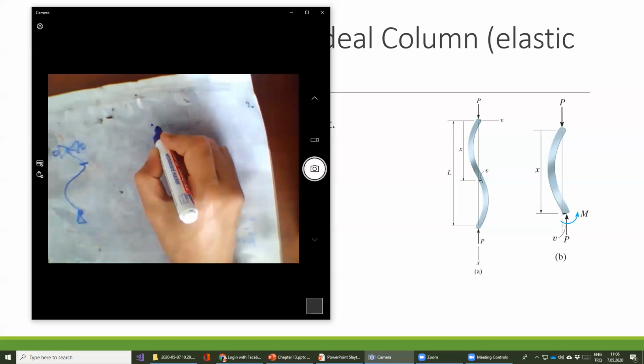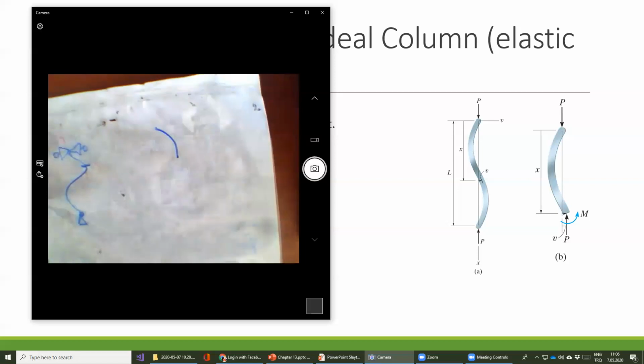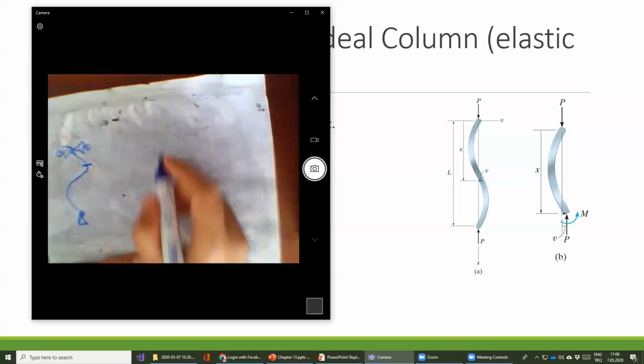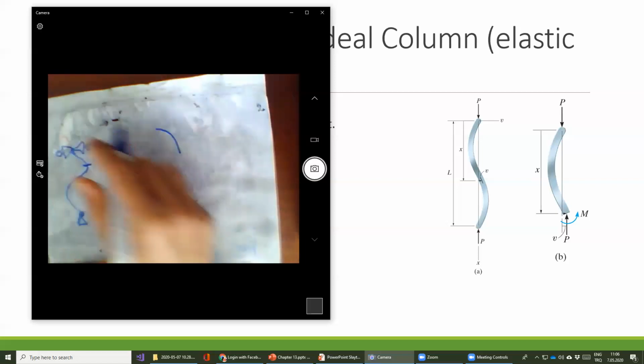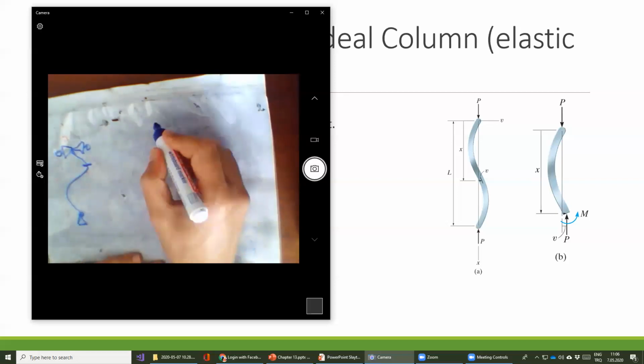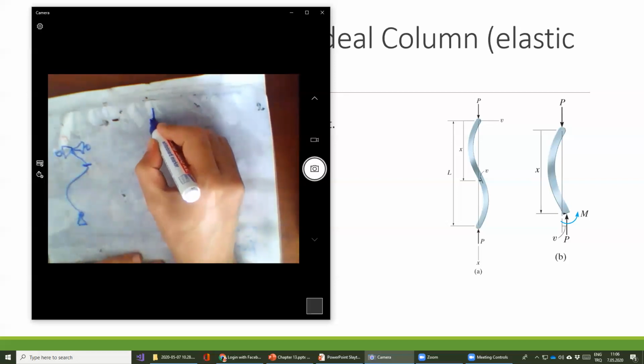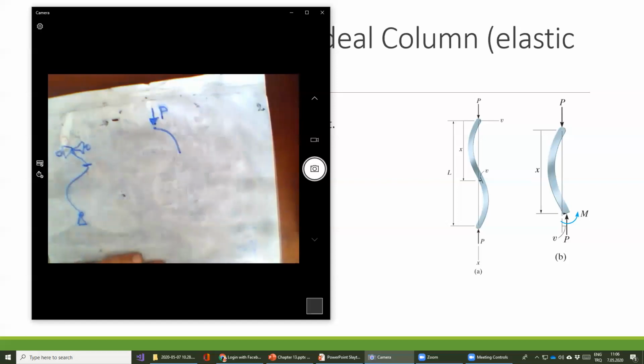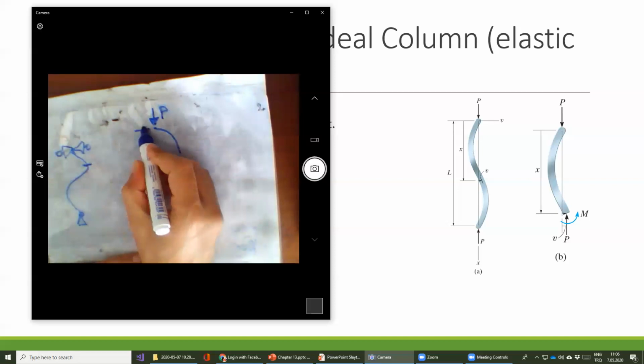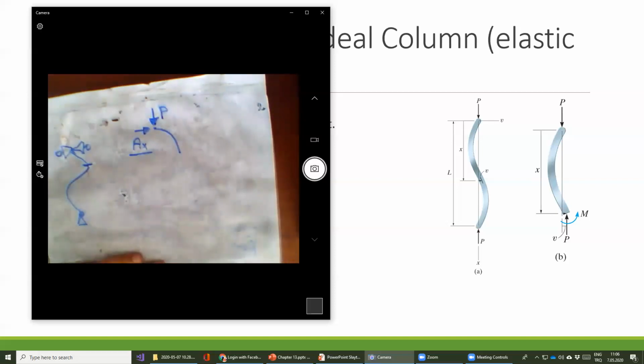At this point, I want to draw a free body diagram, and we take a section on the upper side. We have a point load here, P. Also we have an AX here.